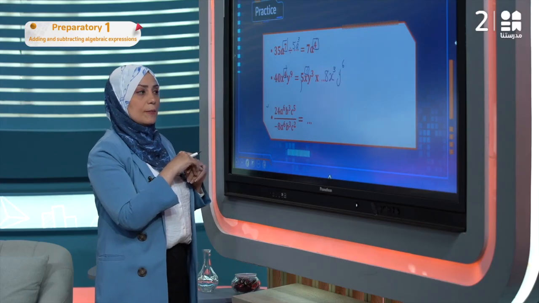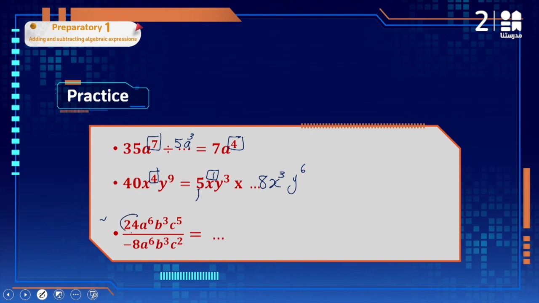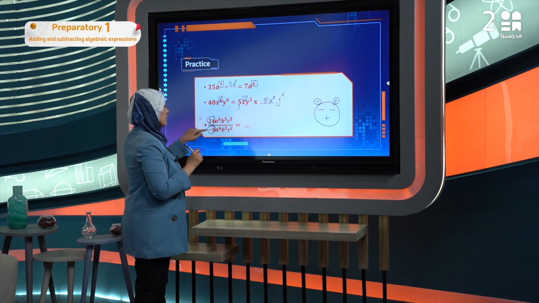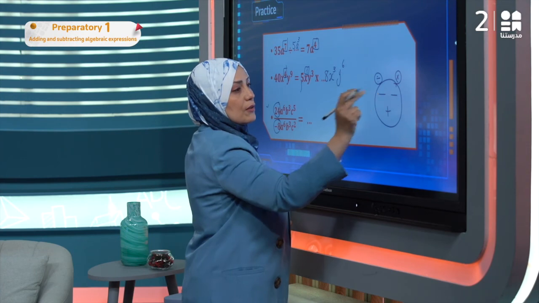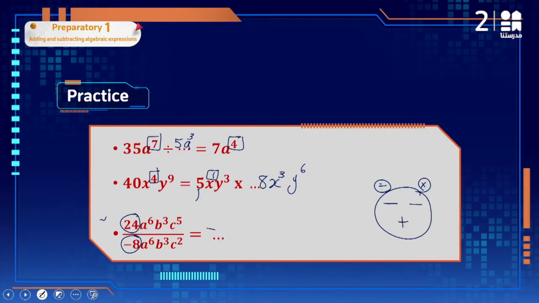Let's divide the coefficients first, 24 divided by negative 8. In multiplication and division, 24 is positive, divided by negative, so the sign is negative.